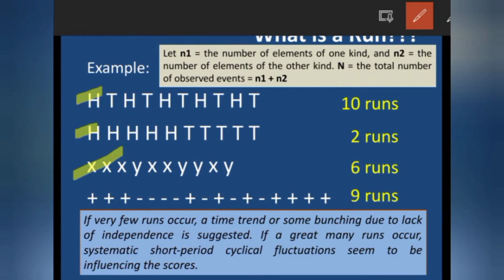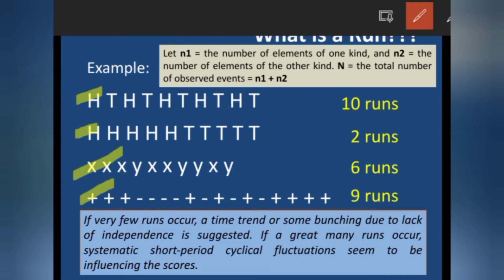In the third and fourth examples, we can say that these samples are selected randomly. Because we can see that we cannot predict the pattern of these variables or symbols.